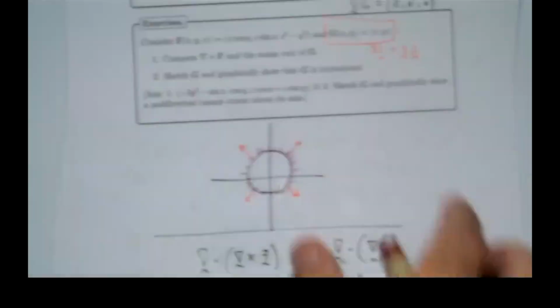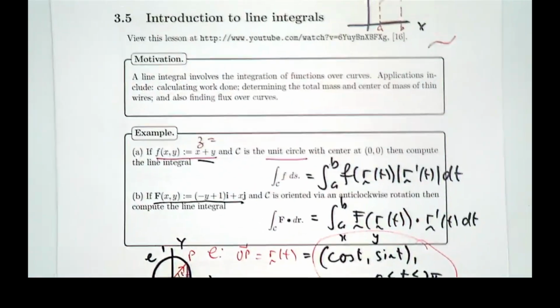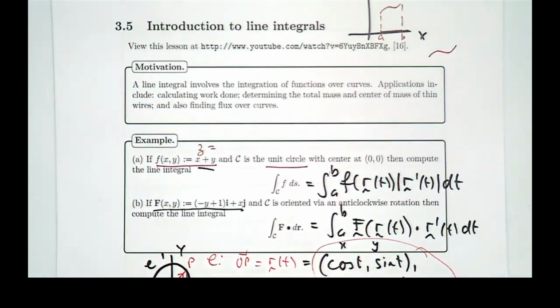The last thing we talked about yesterday was line integrals. Line integrals are new for probably all of us, but we know how to integrate from high school. At high school, we were integrating over intervals, like in the top right-hand corner.